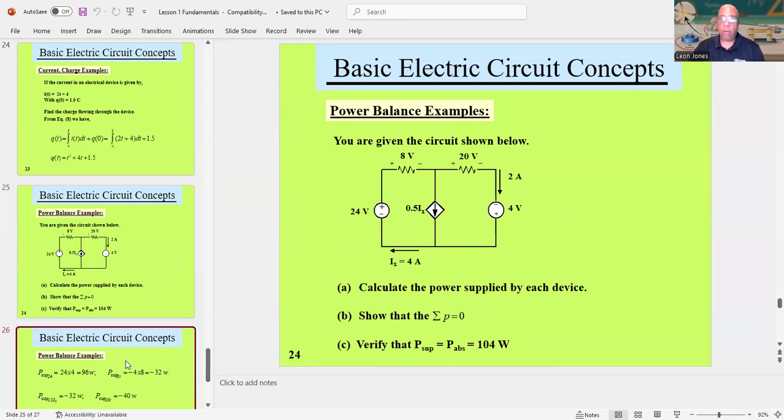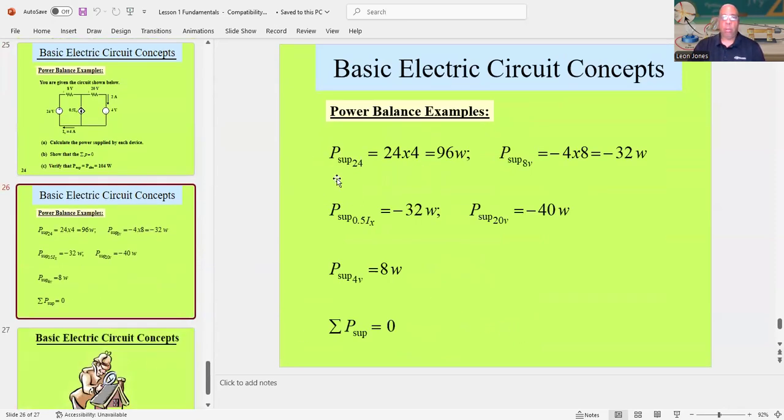But here are some examples. Power supplied, 24 times 4, you get 96 watts. Power supplied, 8 volts, minus 4 times 8 equals minus 32 watts. And you can do the same thing for all the rest of these equations.